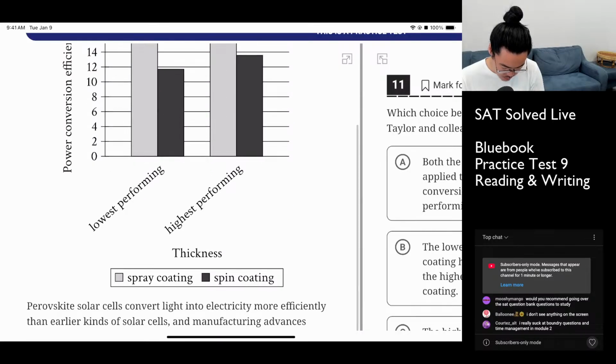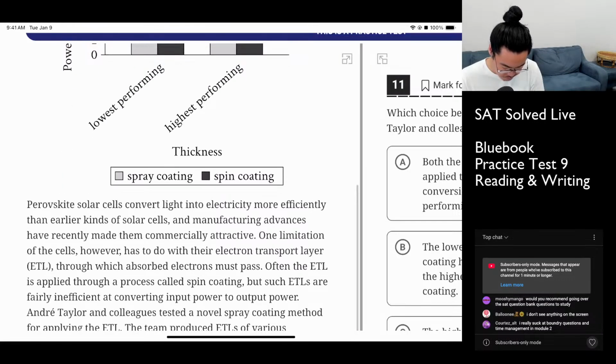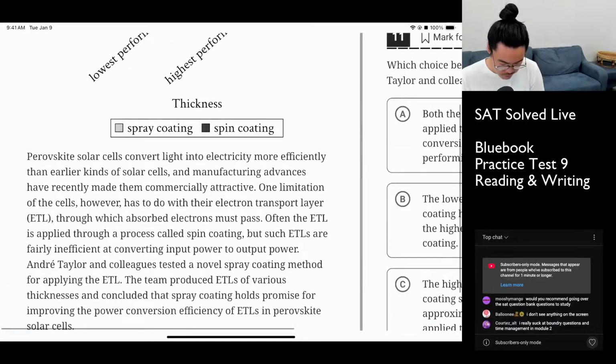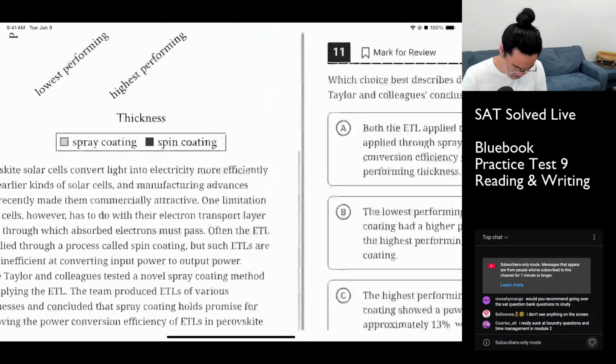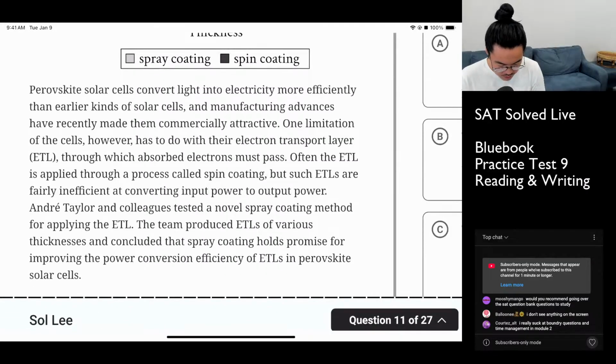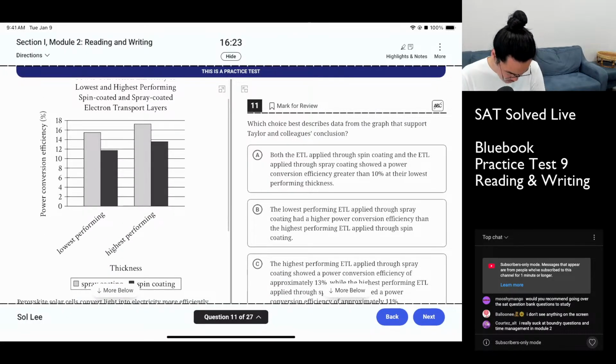And the black one is spin, and the best and the worst is pretty low. So spray is better, is more efficient than spin. PSC convert light into electricity more efficiently than earlier kinds of... What's PSC? It's not even mentioned here.